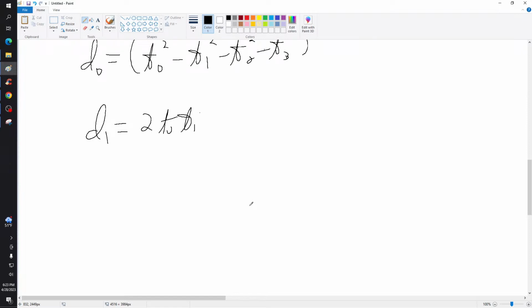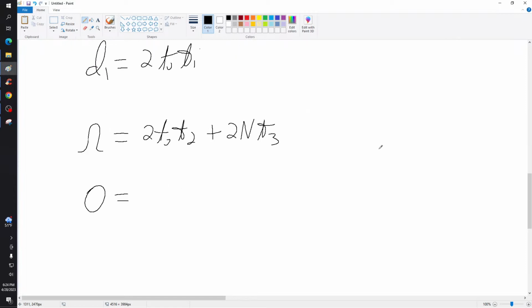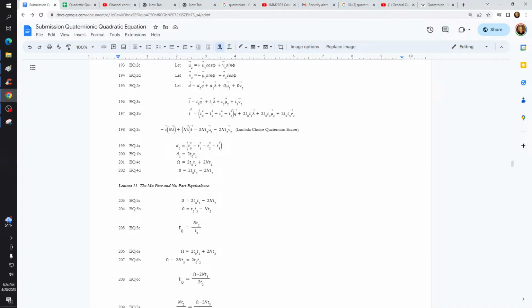But then d2, which is omega, is now equal to 2 t null t2 plus 2n t3. And then 0, which is the new portion of our d vector, is equal to 2 t null t3 minus 2n t2.